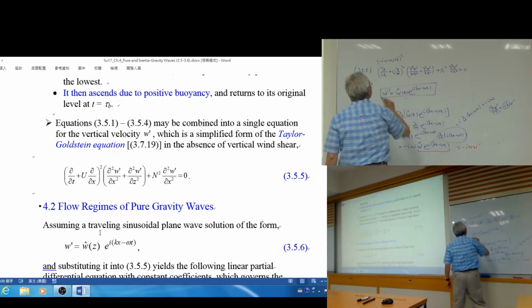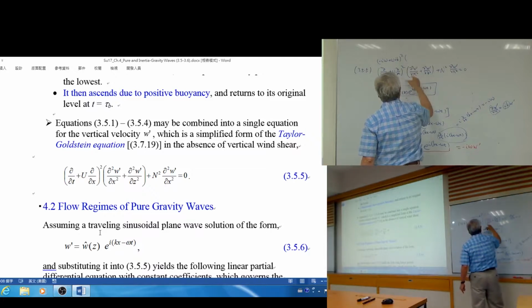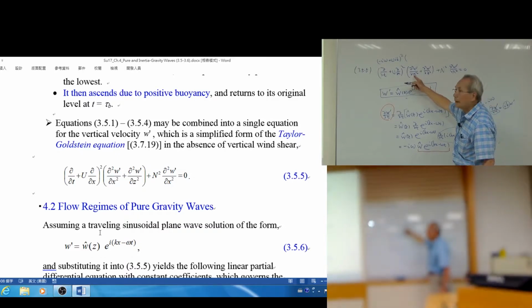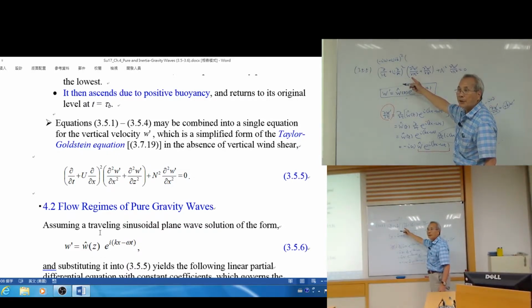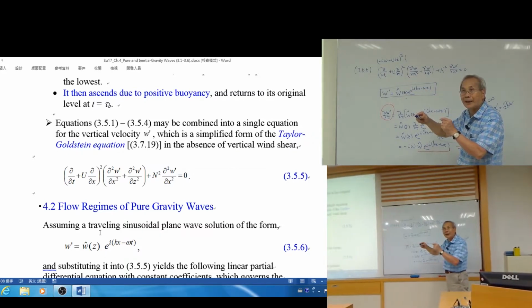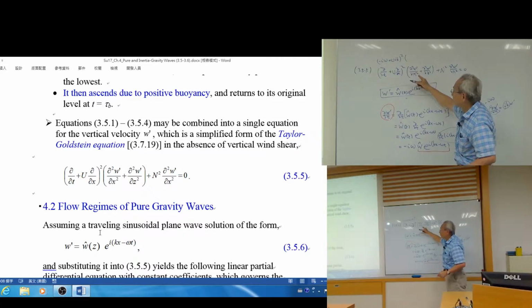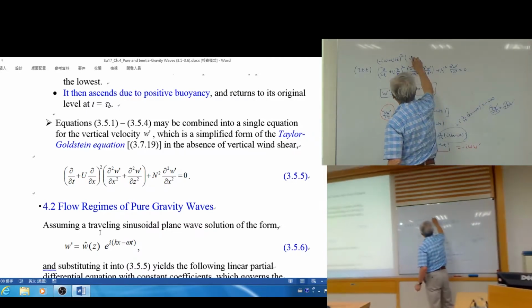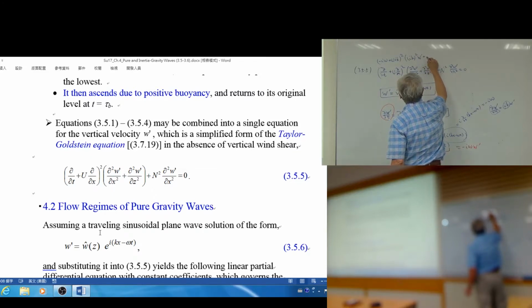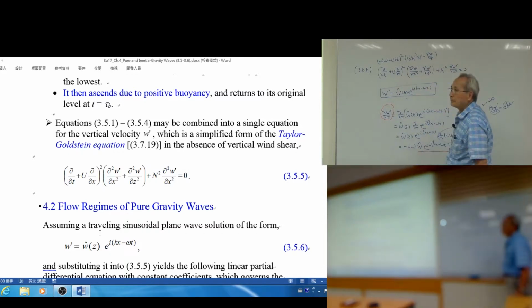And then partial squared w by partial x squared corresponds to (ik) squared, times w prime, plus the second derivative of w prime with respect to g squared.